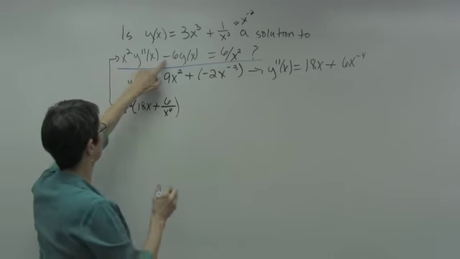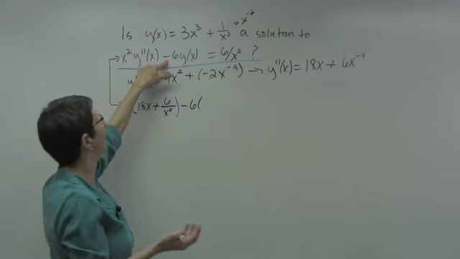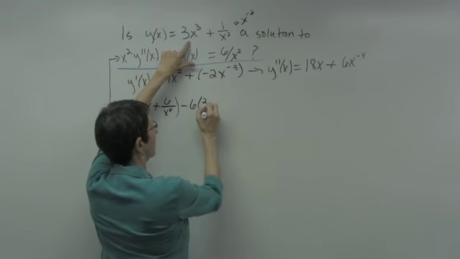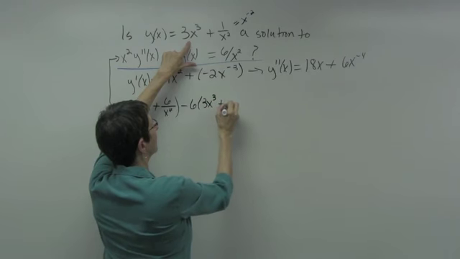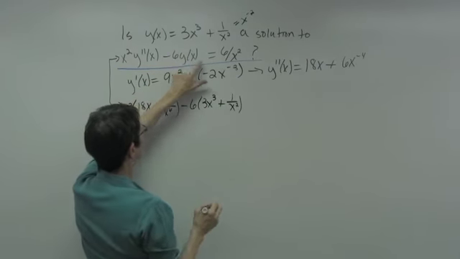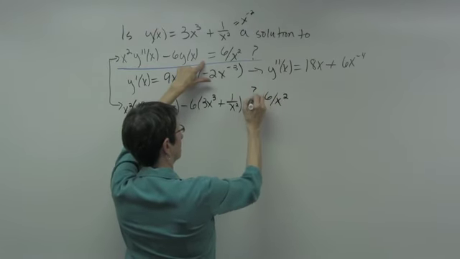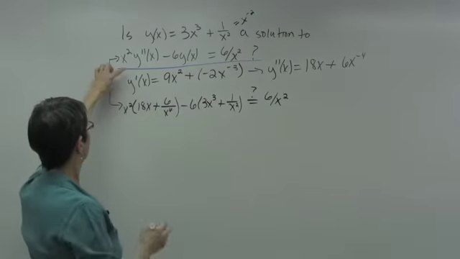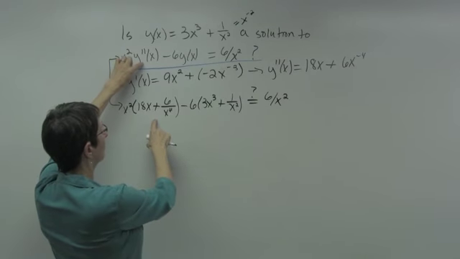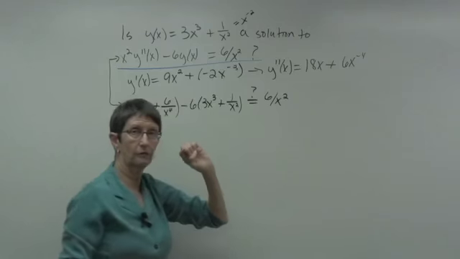Now that's this piece, minus 6 times the original y of x. Up here, 3x cubed plus 1 over x squared equals 6 over x squared. That's what we're trying to determine. x squared times y double prime minus 6 times y equals 6 over x squared.